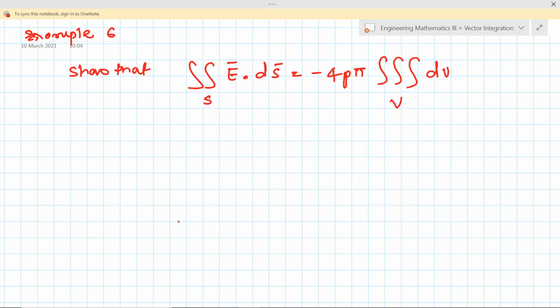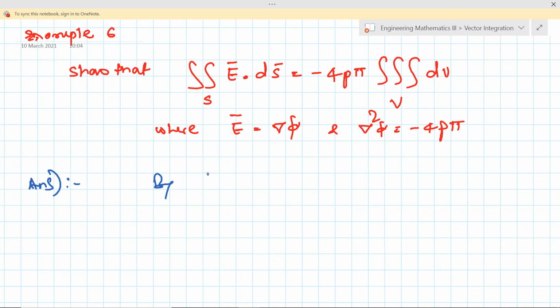So see here, E bar is nothing but del phi, and del square phi is nothing but minus 4 rho pi. So these values are given. These examples might be in your online exam, and they are very basic. This is the example. Now let us see the answer.